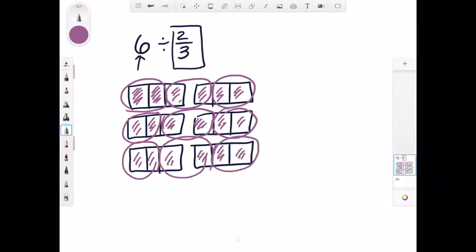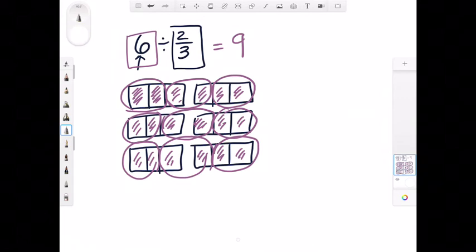And altogether we have 9 groups of 2/3. So 6 divided by 2/3 is equal to 9. We can think of that as if we had 6 candy bars and we wanted to give each person 2/3 of a candy bar. How many people could we share our 6 candy bars with? We could share them with 9 people.